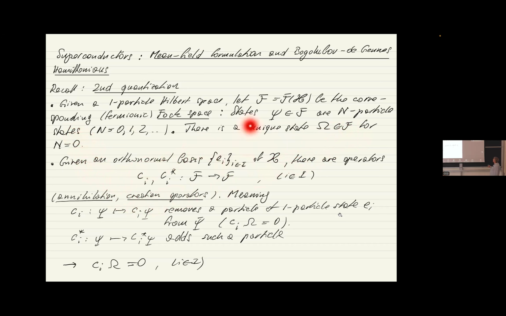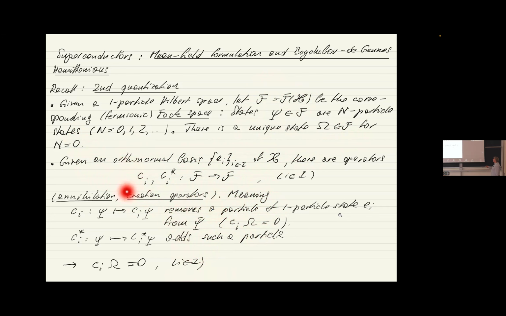And then, if the original one-particle Hilbert space H was equipped with some orthonormal basis e_i, with index capital I, then you can associate to each of these basis vectors two operators, called the annihilation and the creation operators, C_i and C_i star. Their meaning is as follows.